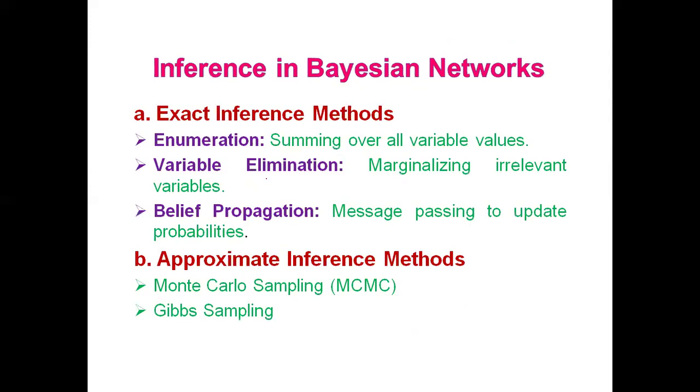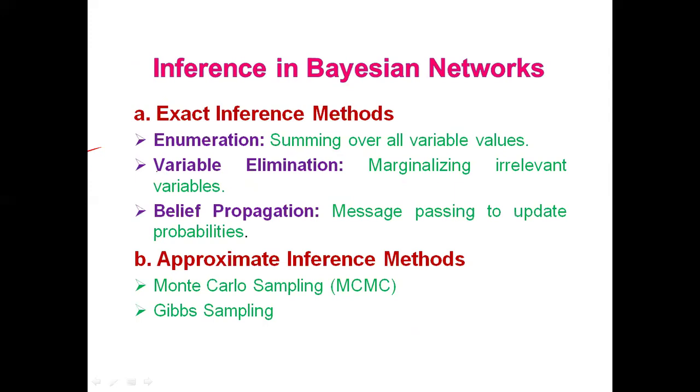How are we going to infer? Inference in a Bayesian network is explained by enumeration. Enumeration means this method computes the exact probability of a query by summing over all possible configurations of the variables. It is computationally expensive for large networks.